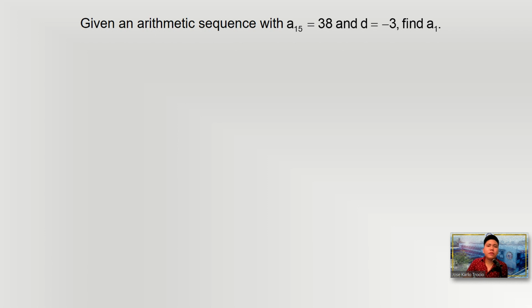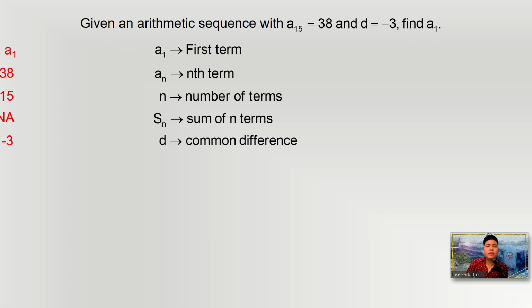Okay, how about the first term? We are going to look at the first term. Find the first term. The same. You're just going to identify the first term is none. But we are looking for it. Okay, that is the question mark. The a sub n is the 15th term.